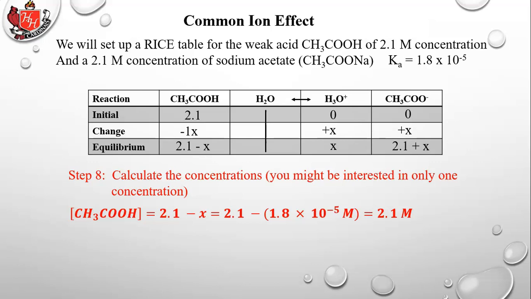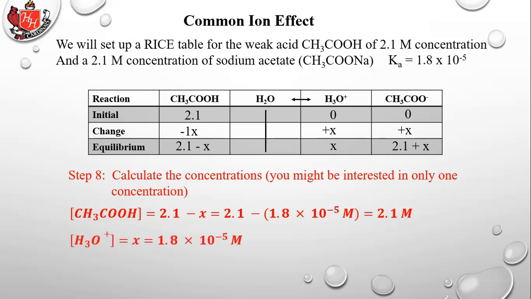That's a difference of 100,000 times. So basically the 2.1 is 100,000 times bigger than 1.8 times 10 to the negative fifth. So when we said x is much, much less than 2.1, and so we could ignore it, we can. You'll see that 2.1 minus 1.8 times 10 to the negative fifth basically equals 2.1. You could ignore that x.